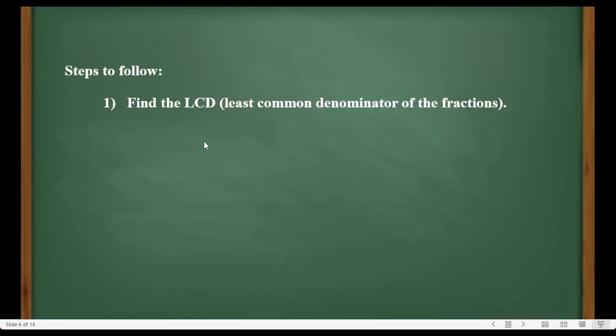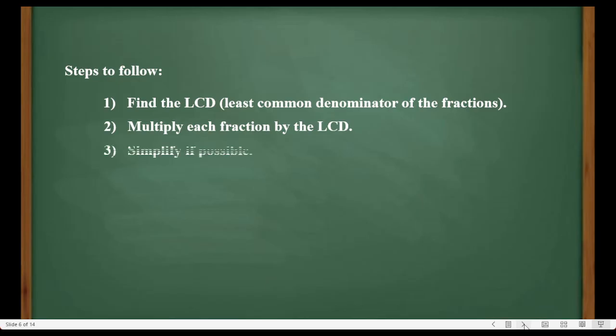First is find the least common denominator of the given fraction or rational algebraic equations. Second, multiply each fraction by the LCD to eliminate the denominators. Then third, simplify if possible.